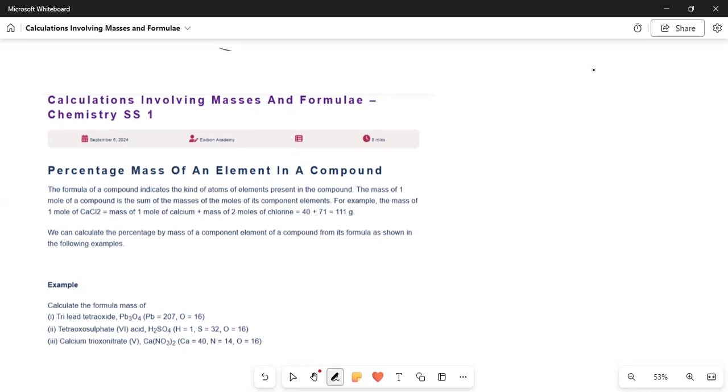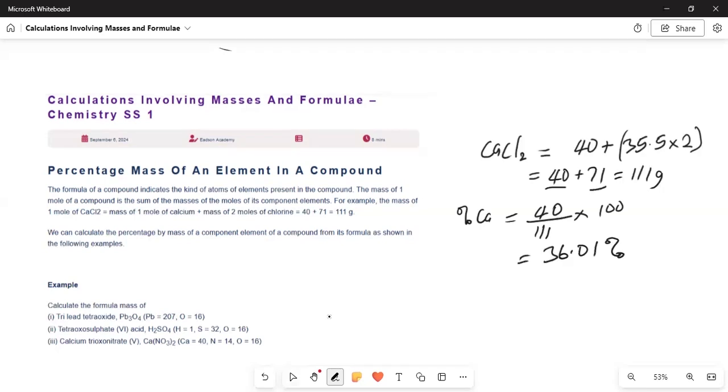So when atoms combine, they do so in a fixed ratio by mass. One may decide to calculate the mass of an element present in a particular compound, expressing the mass in terms of percentage of the total mass of the compound. This is known as the percentage mass of that element in a given compound. Okay, we have some examples here.